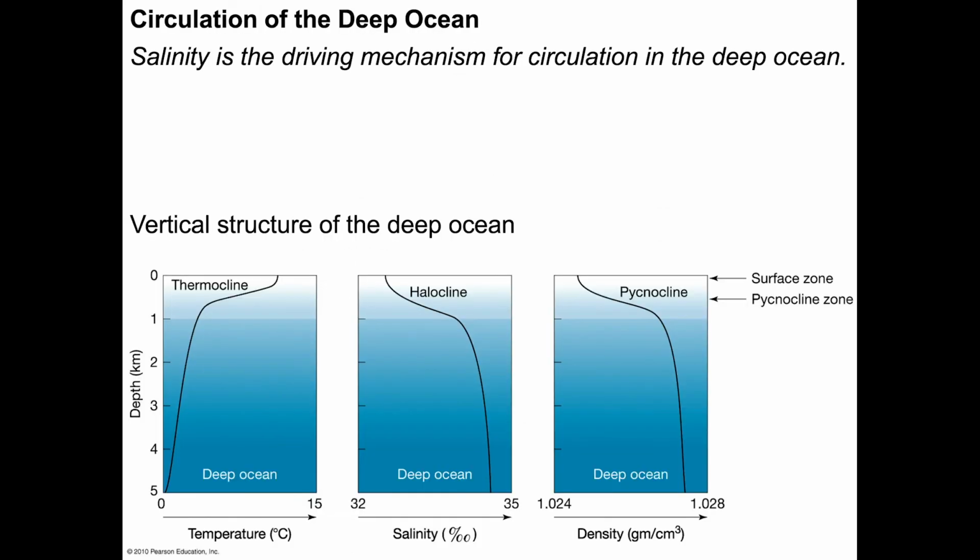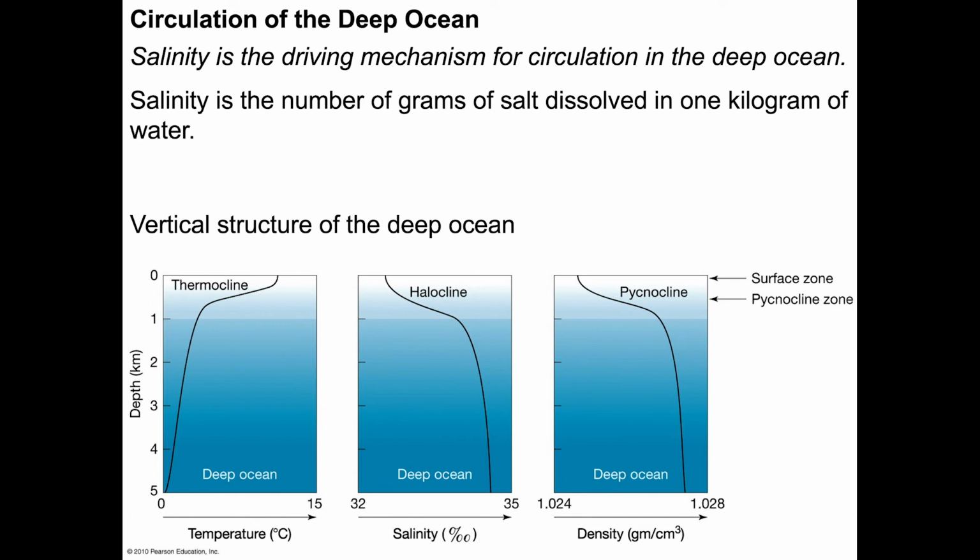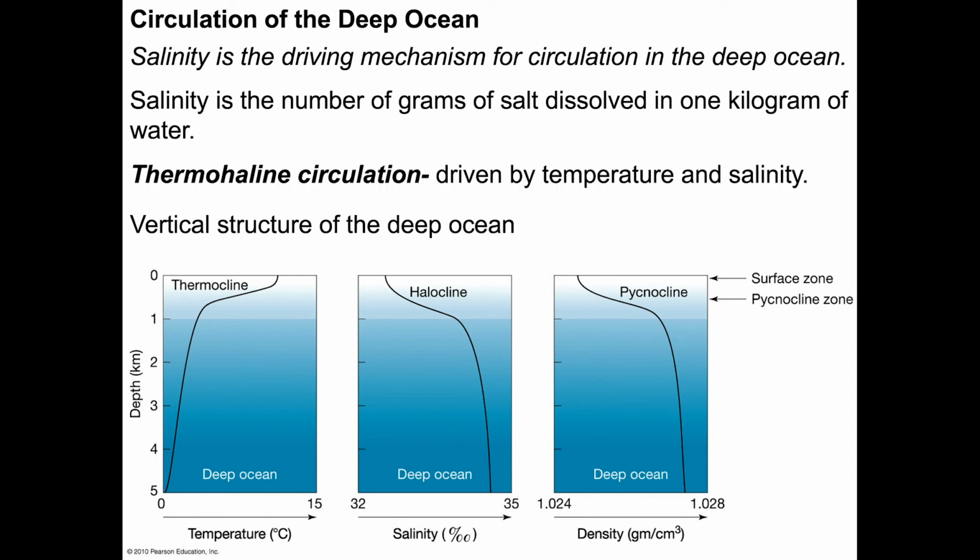Now, when we look at the deep ocean, it's salinity that's driving the circulation of that deep ocean water. It's the increase in salinity that is important. Salinity itself is the number of grams of salt dissolved in 1 kilogram of water. We refer to that as per mil, or parts per thousand.